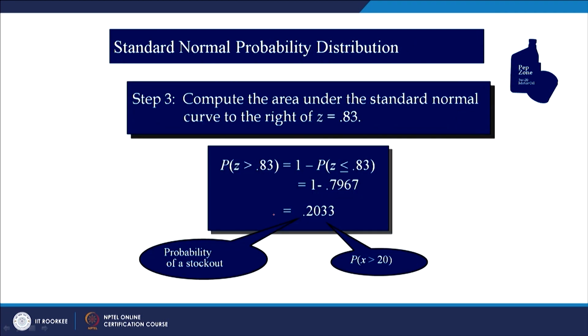So, for z more than 0.83, it is 0.2033. So, the probability of stock out is 20.33%, right. So, this is how we have answered our question.